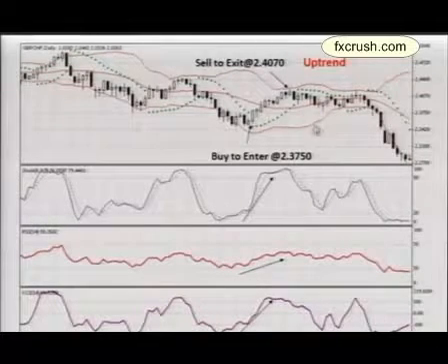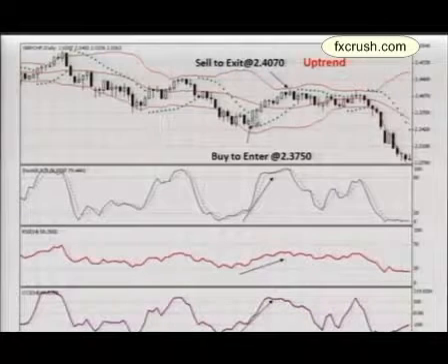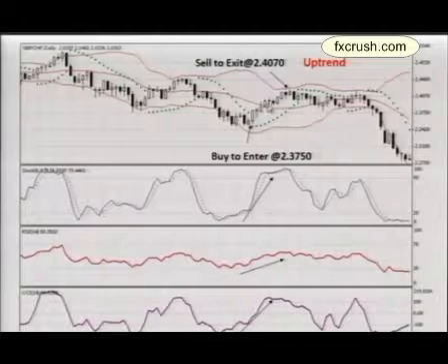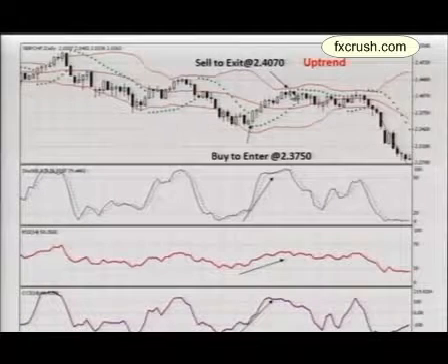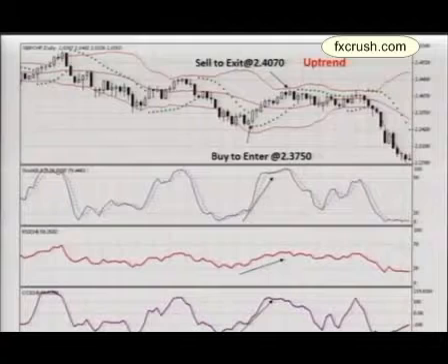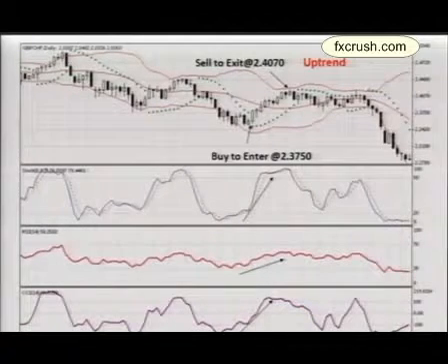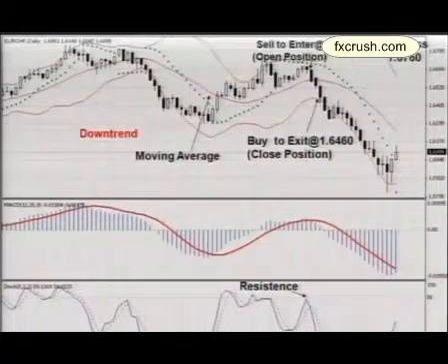Now the question is, how many days did it take? So let's count. 1, 2, 3, 4, 5, 6, 7, 8, 9, 10. So in 10 days you made about $3,200. Is that good money? Hello? Yes. Okay. So we looked at the buying side.